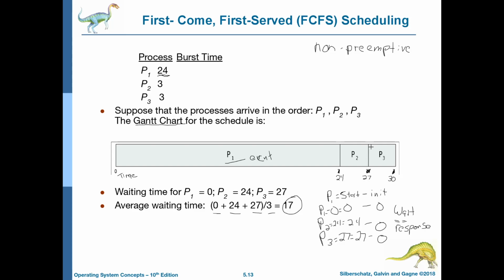Now there is one other measure that we're going to work with, and that is the time it takes to complete, or its execution time. And that is actually a measure from start to actual completion.